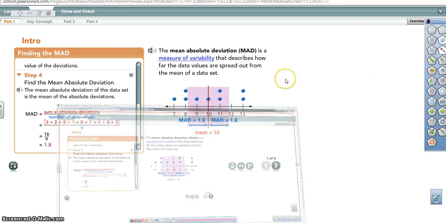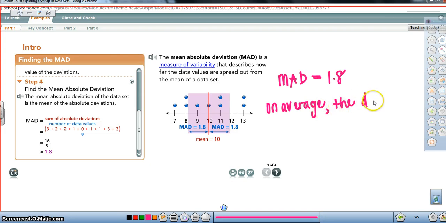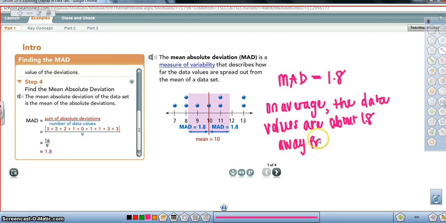What does that mean? If the mean absolute deviation is 1.8, this means that on average, the data values are about 1.8 away from the mean of 10.